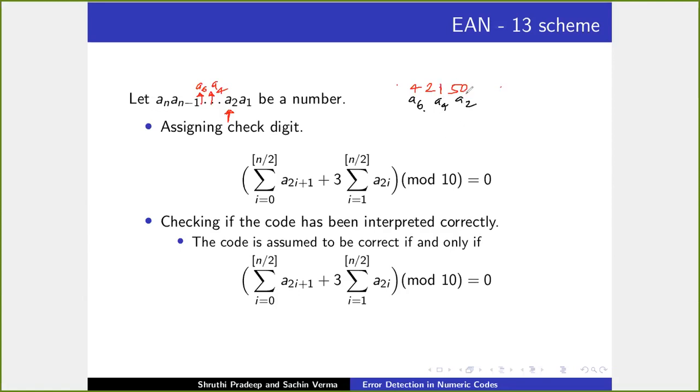So 0 plus 1 plus 4 will be 5, and then 5 into 3 will be 15, plus these odd positions, a1 plus 5 plus 2, that is 7. And when I take mod 10 I should get 0.